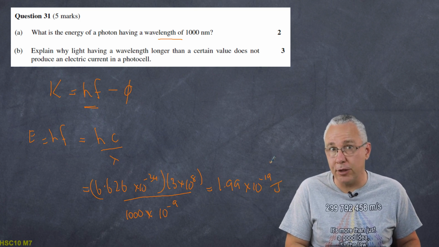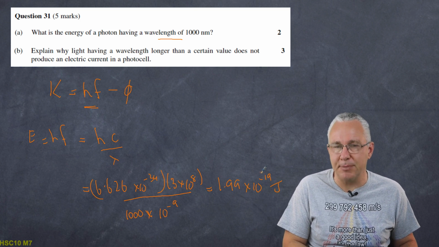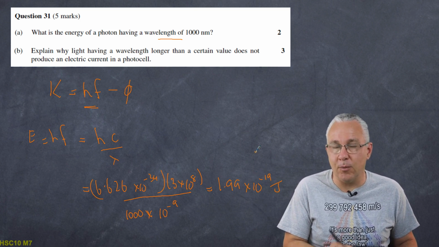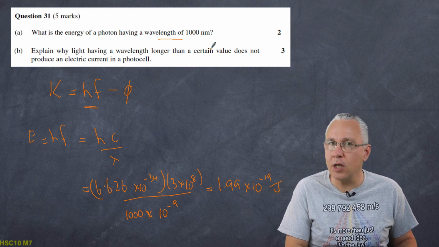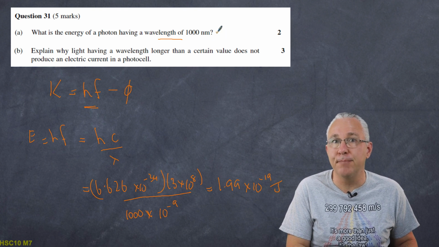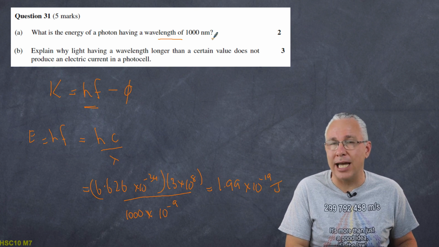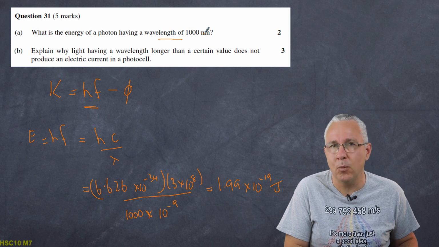Now I can convert that to electron volts, and all I need to do there is divide that by 1.6 times 10 to the negative 19 joule. Now, we've got to be careful here, and this is where a lot of people run foul. The two most common mistakes in this basic form of question are, A, they substitute in E equals h and then substitute lambda in, which is obviously incorrect when given the wavelength.